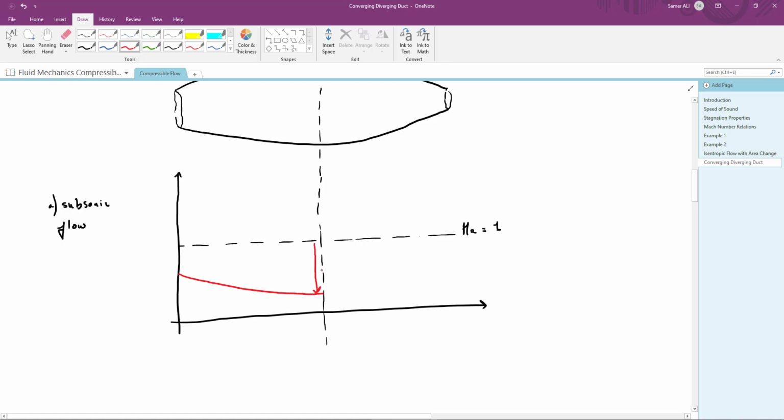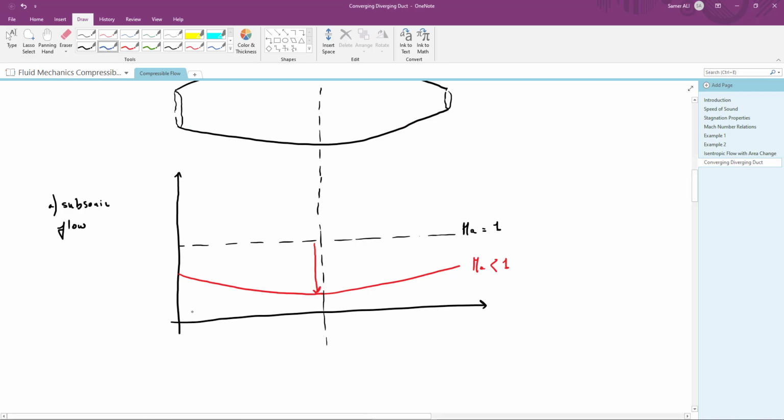So the sonic condition in this case is impossible at the maximum area. So now the fluid will stay subsonic at the maximum area. The converging part will act as a nozzle, so the Mach number will increase in the converging section. So the Mach number will stay subsonic along this diverging converging section.